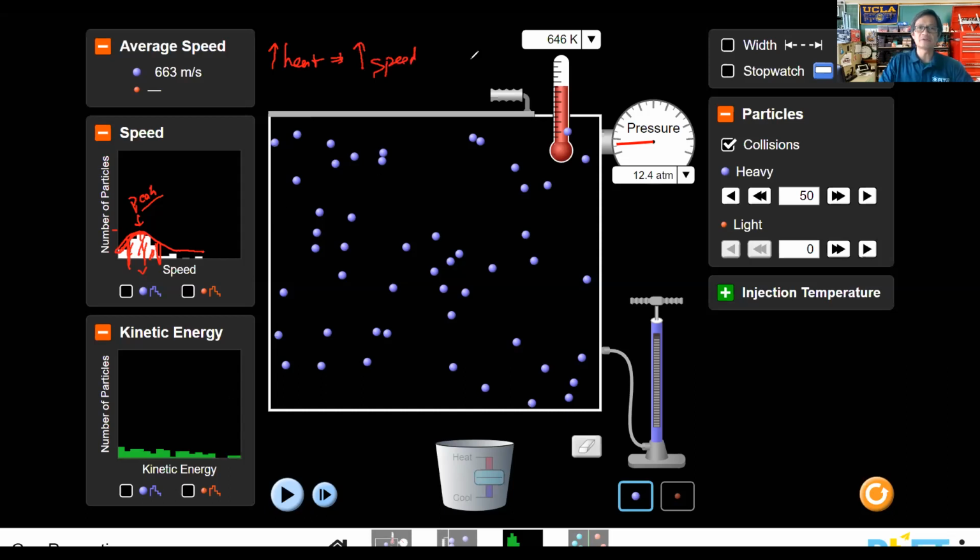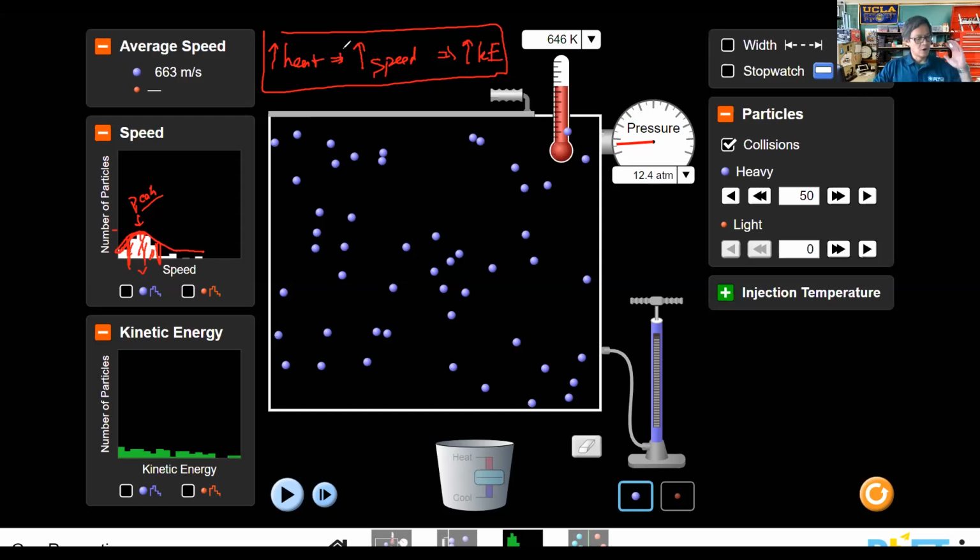And what we'll notice here also is that will lead to an increase in kinetic energy. And that's what we have right there: the relationship between heat energy and kinetic energy. As we increase the heat energy, we increase the kinetic energy of the particles as well. Make sure you write that down, folks, because that's something you need to be absolutely able to do.